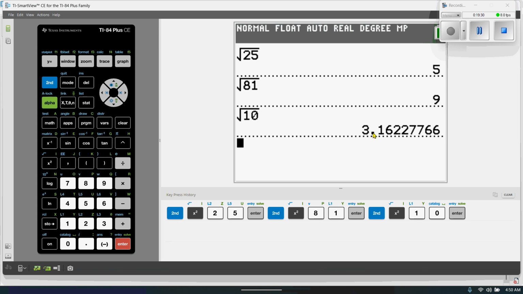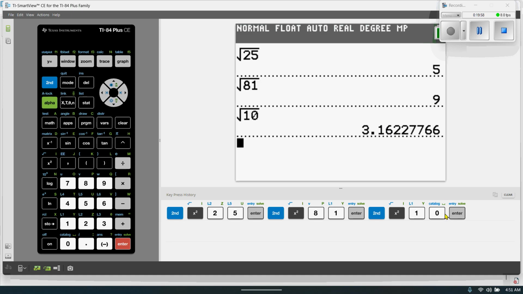So they'll either say 3.16, or they'll look at the 1 and then to the right is a 6. If it's 5 or higher, you're going to round up; the number gets bigger. If it's 4 or less, it's going to stay the same.